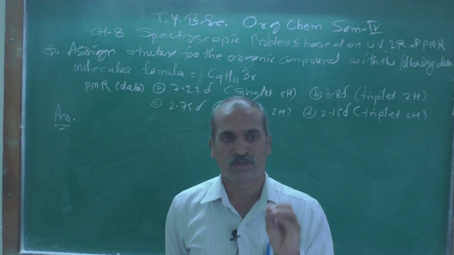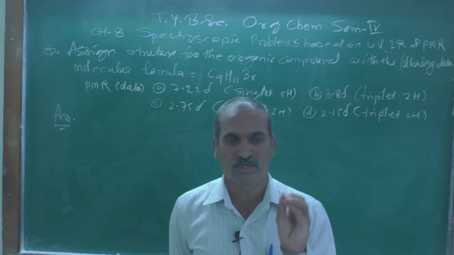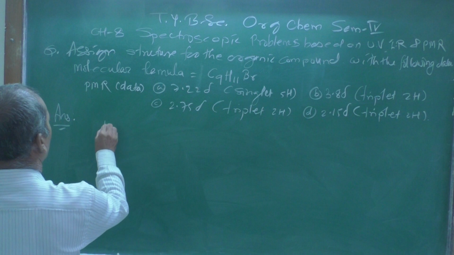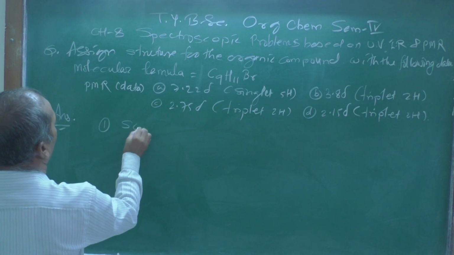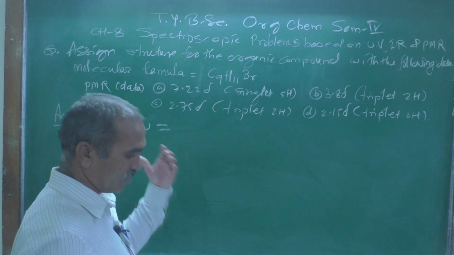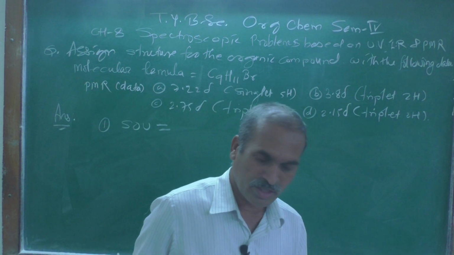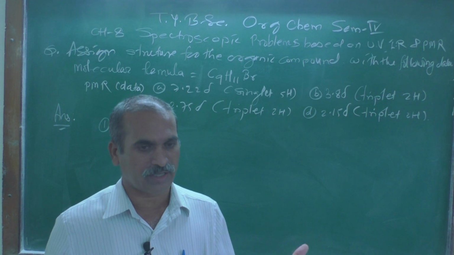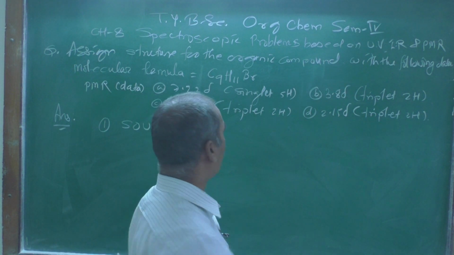To find out the sites of unsaturation. Whether it is 0, 2, 3, 4, 5, you have to find out correctly.